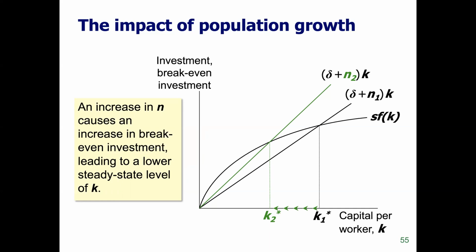And then, if somehow your population growth rate increased, you would gradually have the steady state capital per worker go down. Now, it's not that your capital stock is literally shrinking, but it is getting spread more thinly over more workers.